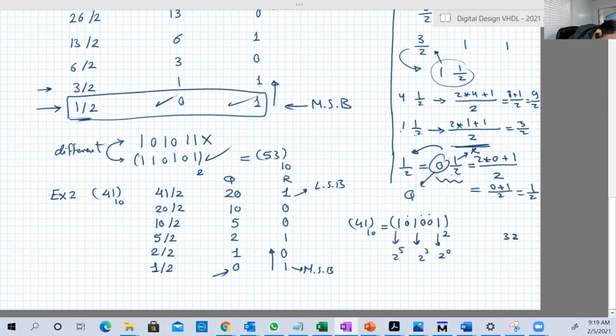So 32, which is 2 to the power of 5, plus 8, which is 2 to the power of 3, plus 1, which is 2 to the power of 0. 32 plus 8 is just 40. 40 and 1 is 41. Okay, guys. So this is basically the conversion from decimal to binary, and how to verify your answer.